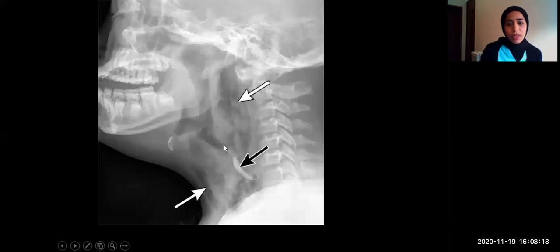Another large foreign body, this is unfortunately a Down syndrome patient with ingestion of a chicken bone, which is large here, as you can identify. Again, the only radio-opaque shadow is the hyoid bone. This is an abnormal object seen in the prevertebral soft tissue.